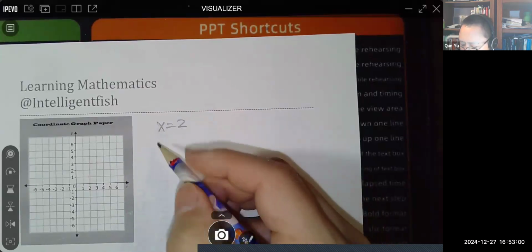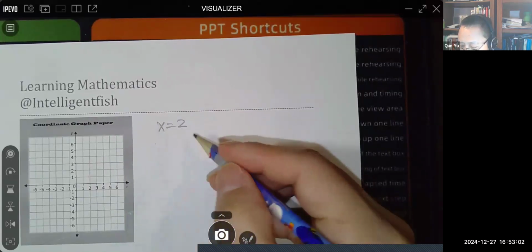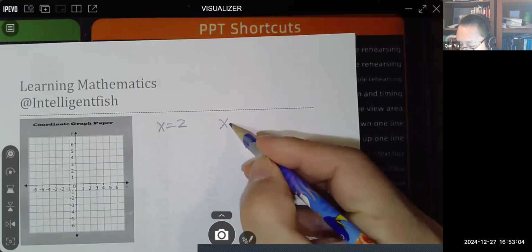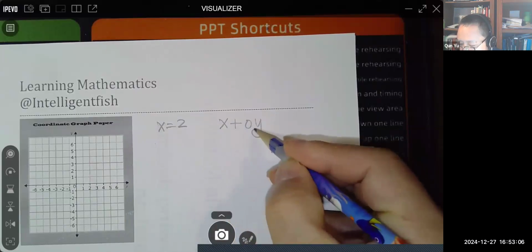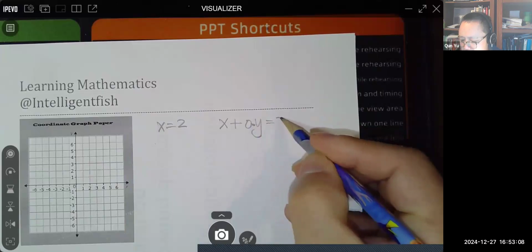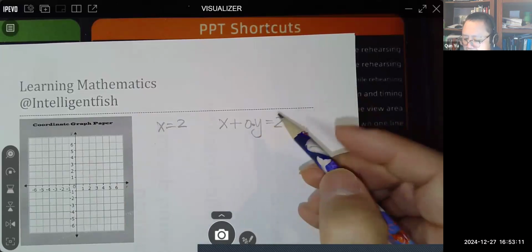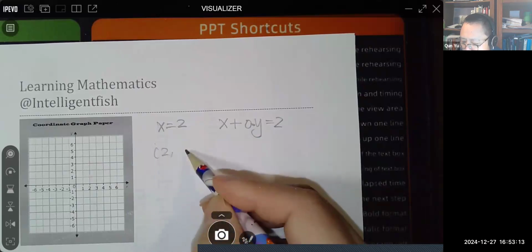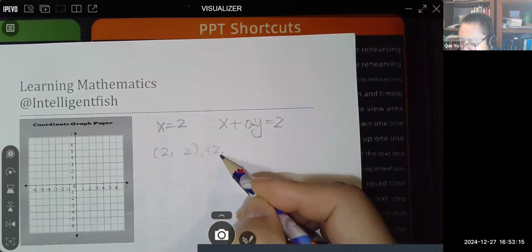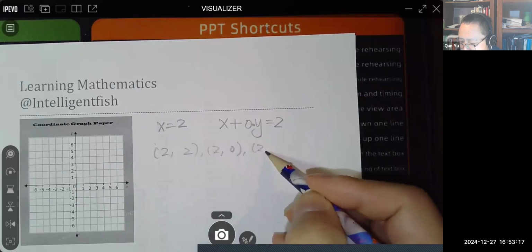If you give 3 points, since y doesn't matter, again, I can rewrite this as x plus 0 times y equals 2. So y can be any value. It doesn't make any difference. x is 2, y is 2; x is 2, y is 0; x is 2, y is -5.